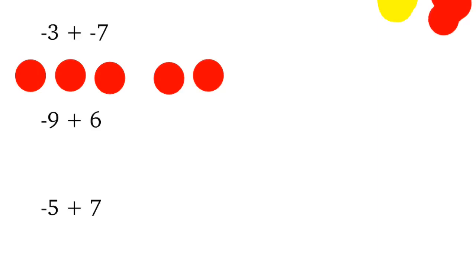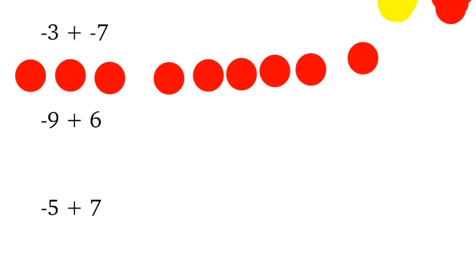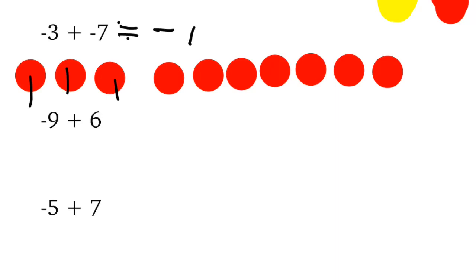This one's pretty easy because we are adding 2 negative numbers, which means we cannot make any 0 pairs. All we have to do is count up the total number of counters. So we have 7, 8, 9, 10, and they're all negative. So our answer is -10.